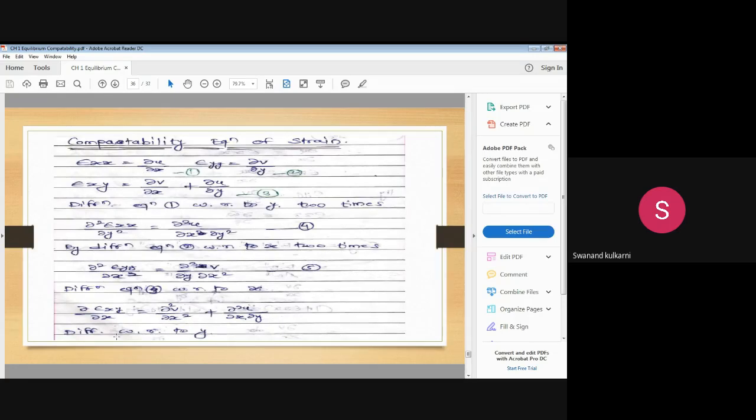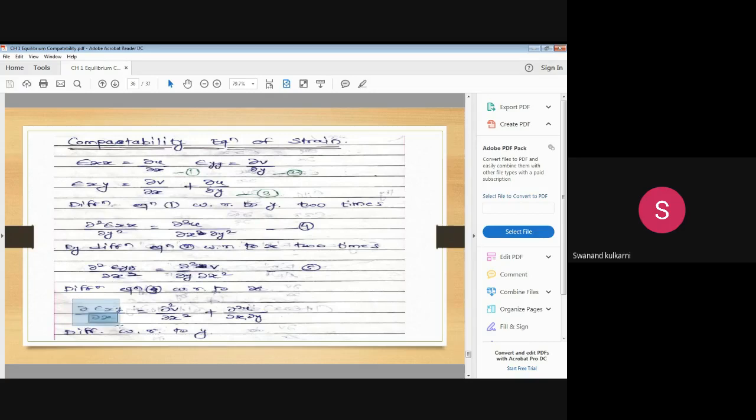The same equation is again differentiated with respect to y. So this particular equation, ∂epsilon xy/∂x, which is ∂²v/∂x² plus ∂²u/∂x∂y, is again differentiated with respect to y. So what will be the effect on the left side term? This will become ∂²epsilon xy/∂x∂y, because we are differentiating with respect to y.